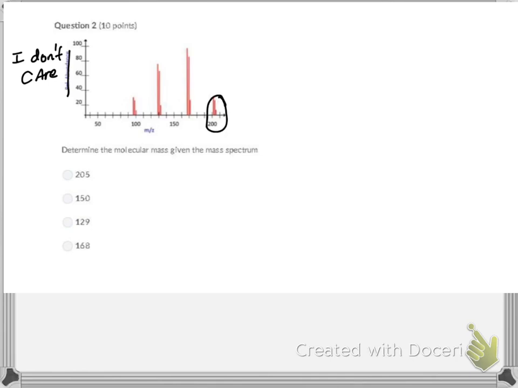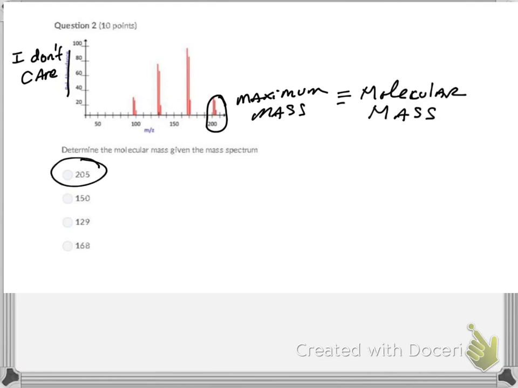All of our attention is on the x-axis, because the maximum mass on the x-axis is the molecular mass. So that's really important for us. Here it's 205, so the molecular mass for this problem is 205.